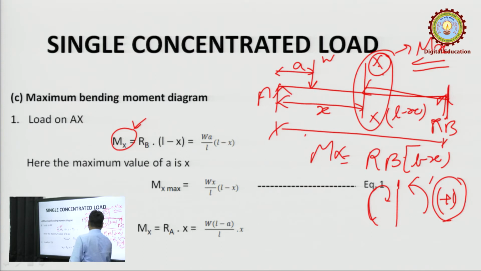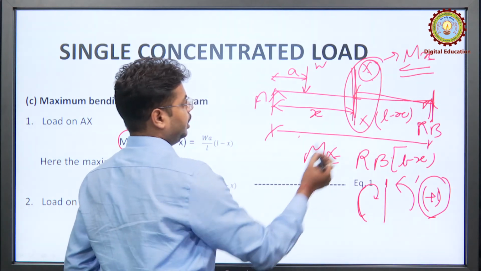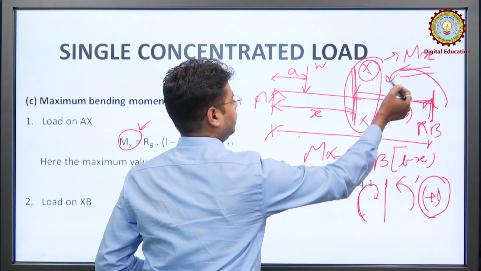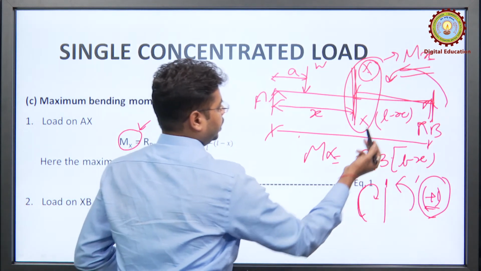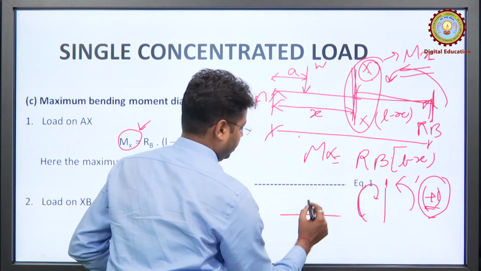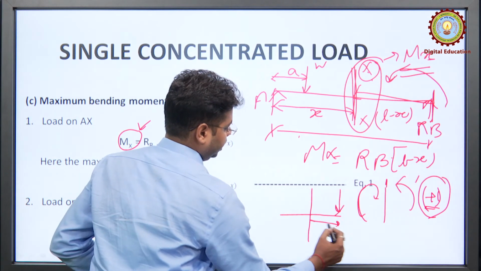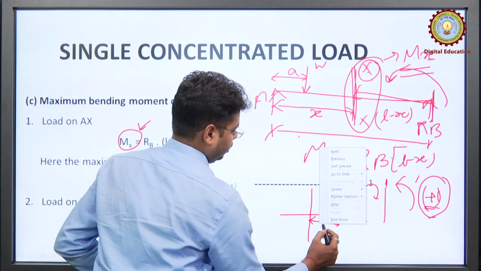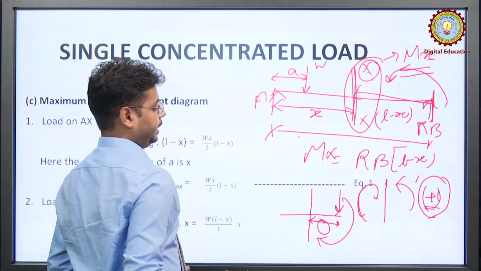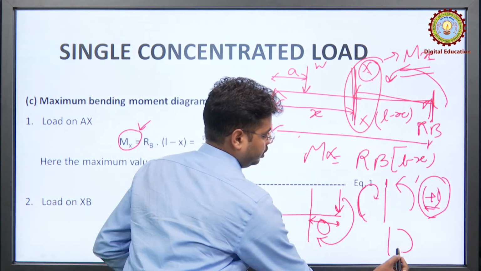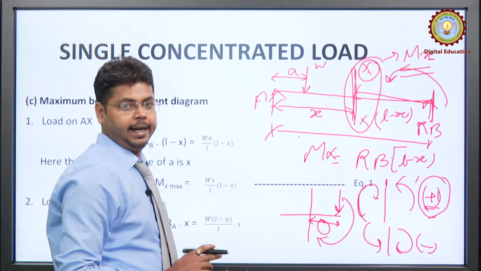If this is our section and we are taking the moment like that, then we take a positive moment. If the load was like that, and this is the distance, and the moment is like that, in that case we will take a negative sign.